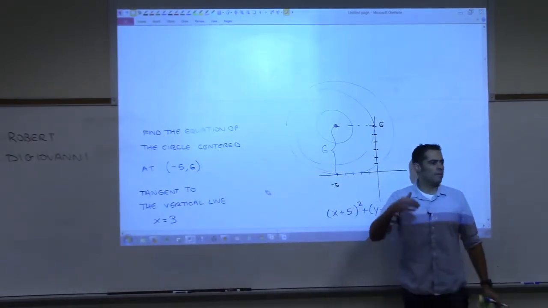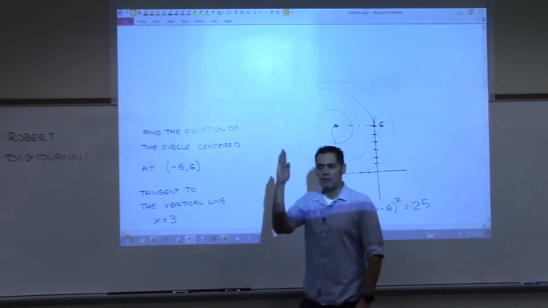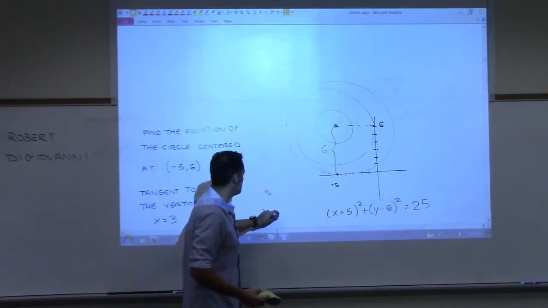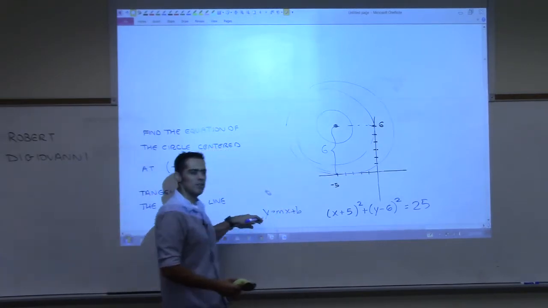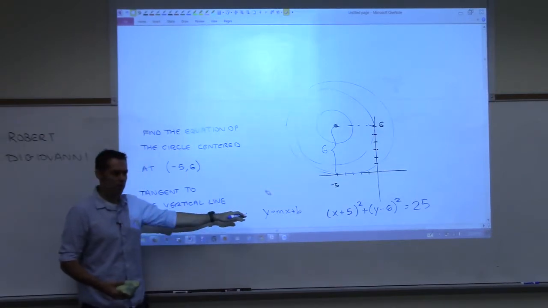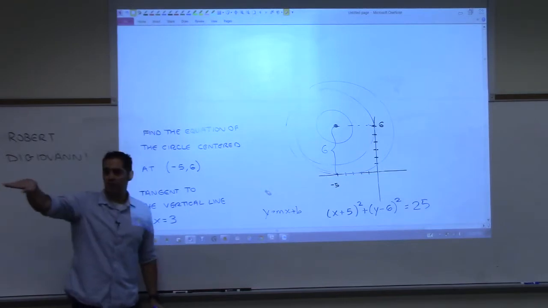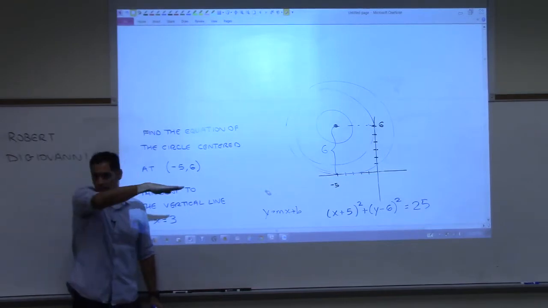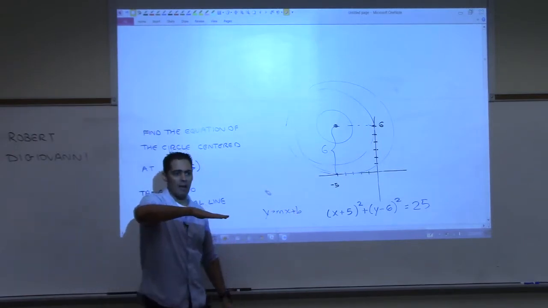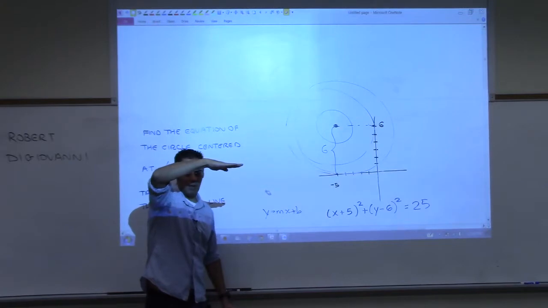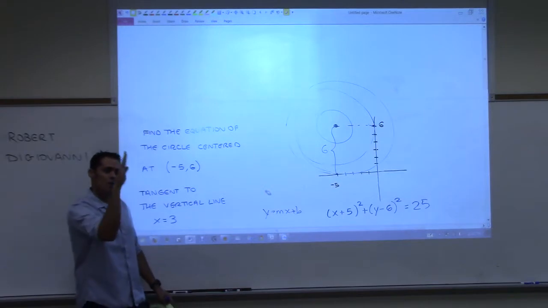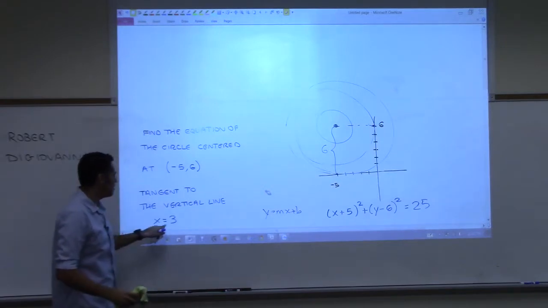Now again, remembering from college algebra, the equation of a vertical line: we know that lines have the equation y equals mx plus b, right? That's the general equation of a line, slope-intercept form. Now, if your line is just a flat line, no pitch to it, then it's something like y equals a constant. Like y equals 5 would be just a horizontal line 5 units up. y equals negative 2 would be 2 units down, right? Vertical lines, on the other hand, have the equation x equals a number.